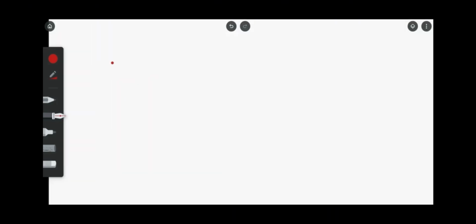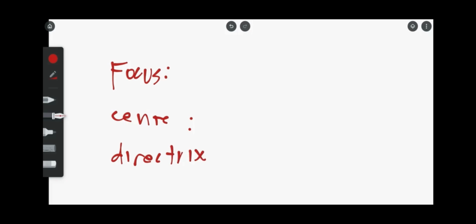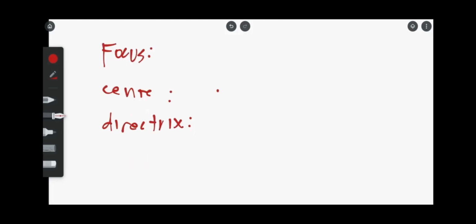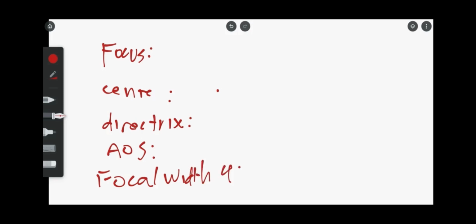So we will have the focus, we'll have the center or the vertex. We will also have the directrix, the axis of symmetry, focal width, which is 4c.